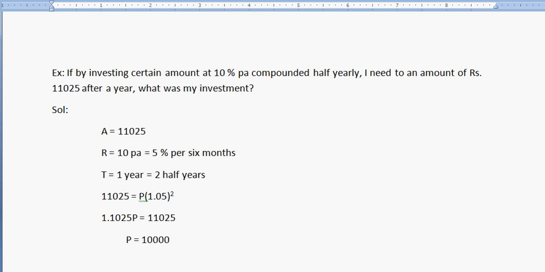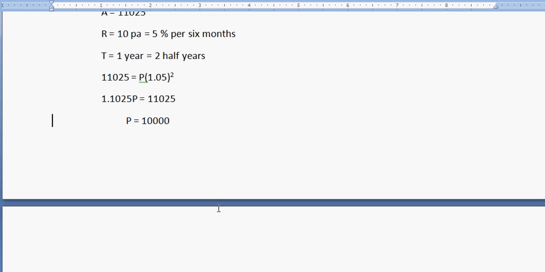So had it been that the interest is compounded annually, what we would have got is 11025 divided by 1.1. That would have been our principal, and you would see it would be less than 11025, right?